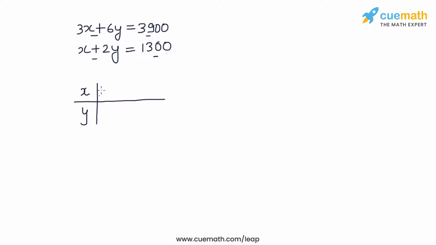So I'm drawing this xy table here, and we will take two values of x and correspondingly find the values of y. So let's take values of x and y which are easy to plot on our graph.